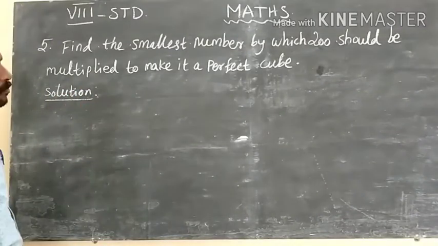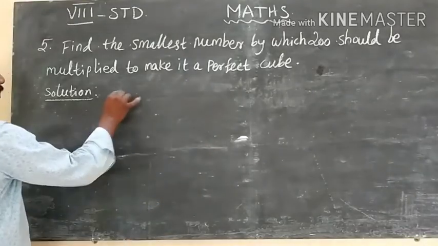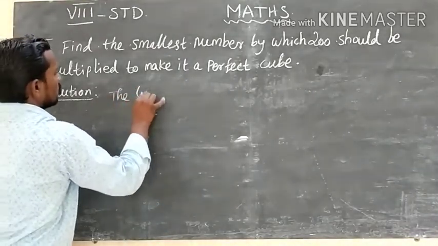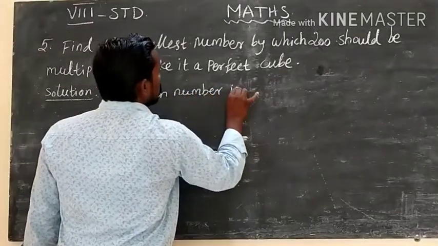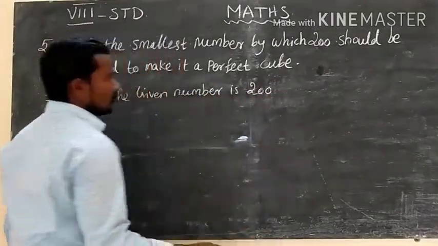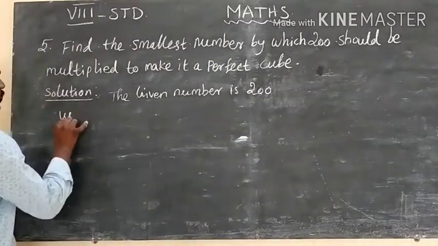in the same manner as the previous question. The given number is 200. Using the prime factorization method.